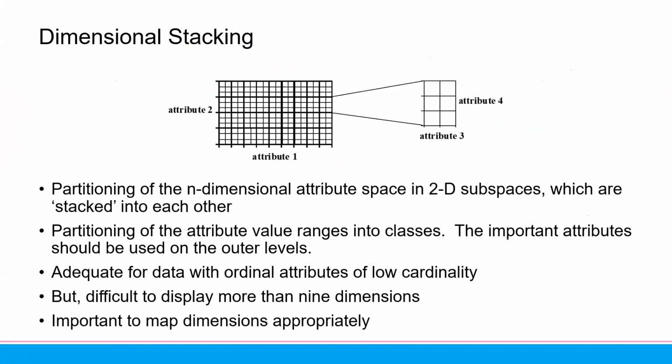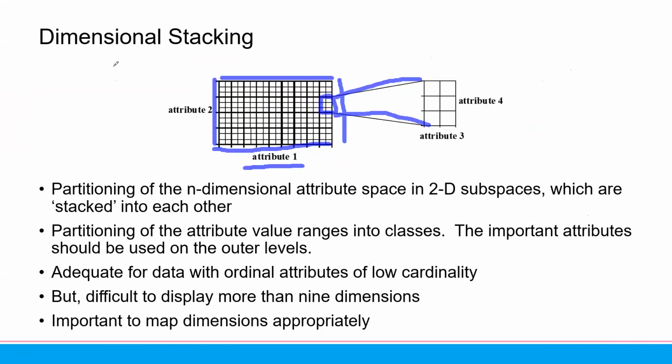we can see some matrix or table like this. We have attribute 2, we have attribute 1, and we can represent it in the table. If we want to look into the details, we can focus on this, and then we can look at the details.